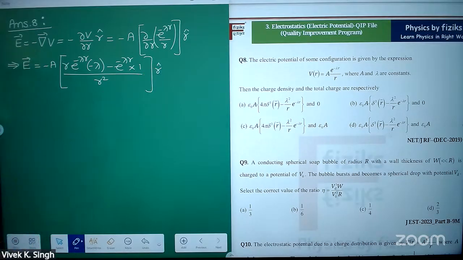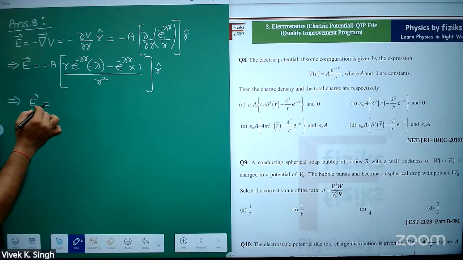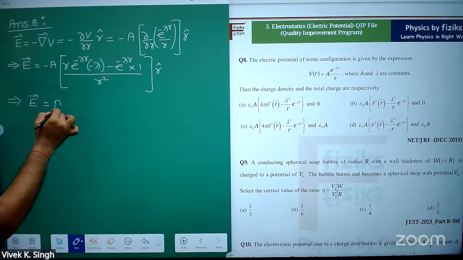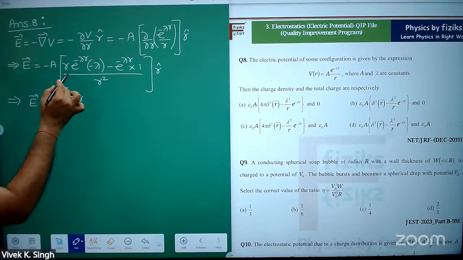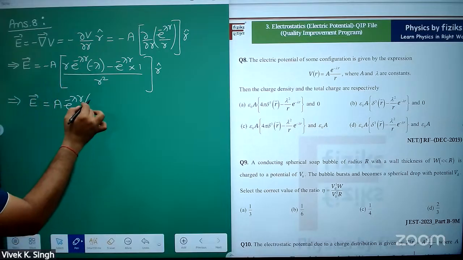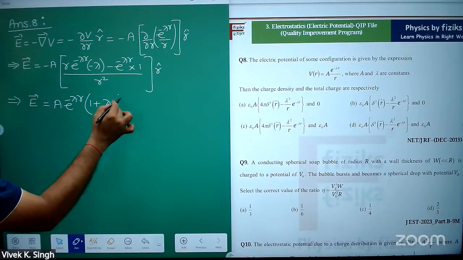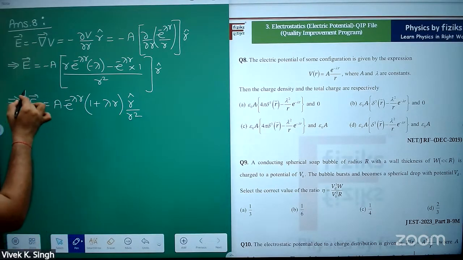Is it clear? So now E is given by lambda times A e power minus lambda R common, multiplied by minus, so you will get 1 plus lambda R, R cap by R square. So this will be the electric field.